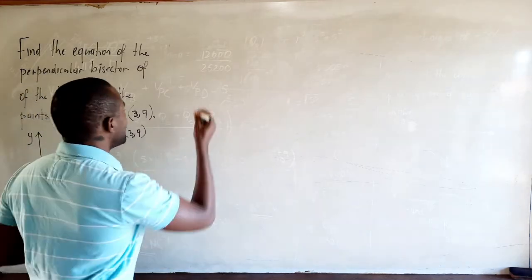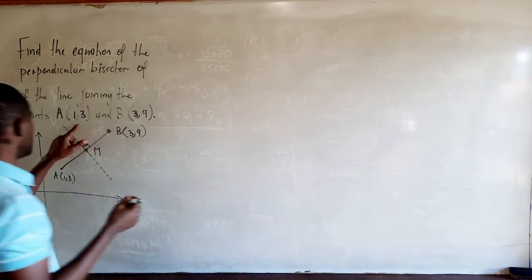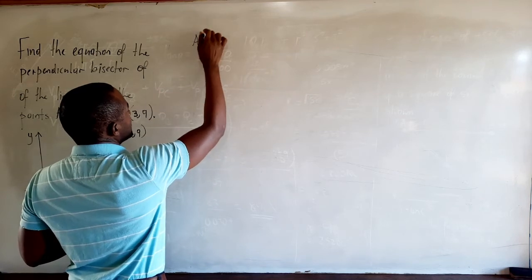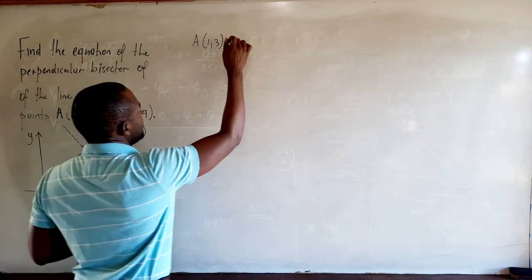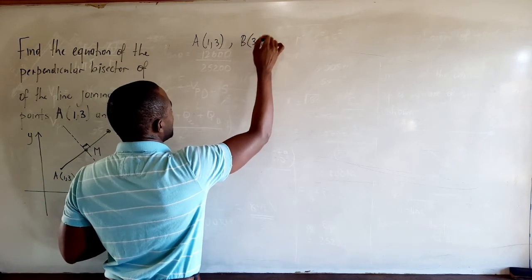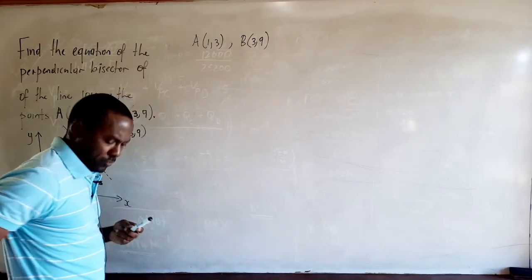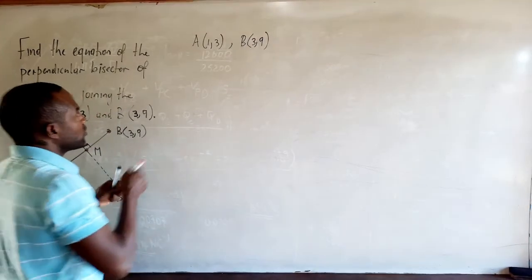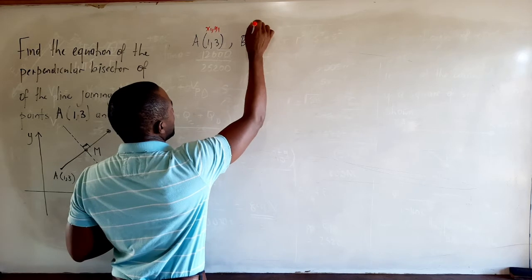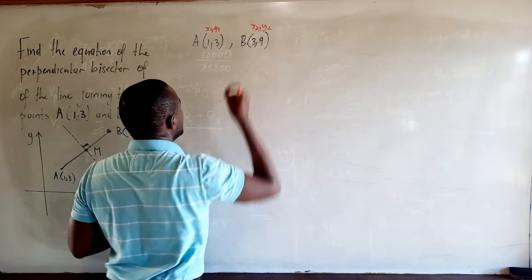Once again, we have A, which has coordinates (1, 3). So let's just write them here. A has coordinates (1, 3), and we have B, which has coordinates (3, 9). We'll call this x1, y1, and this x2, y2.